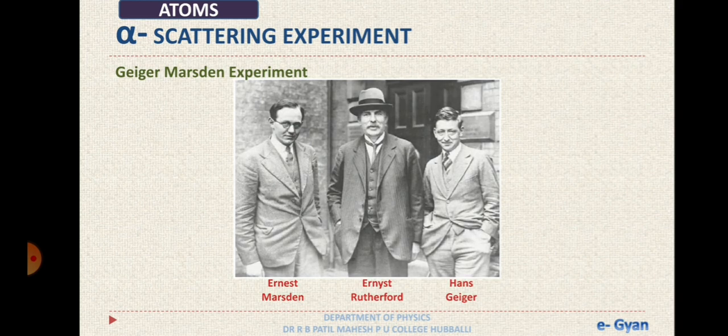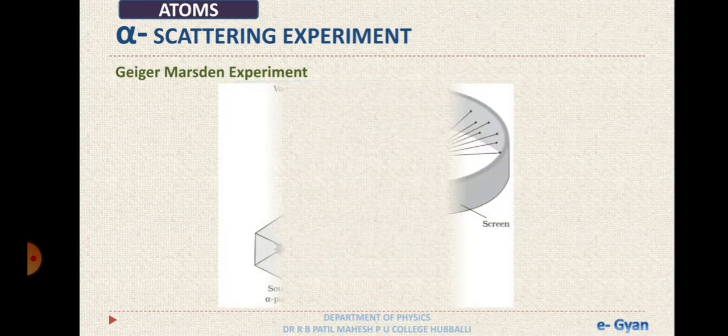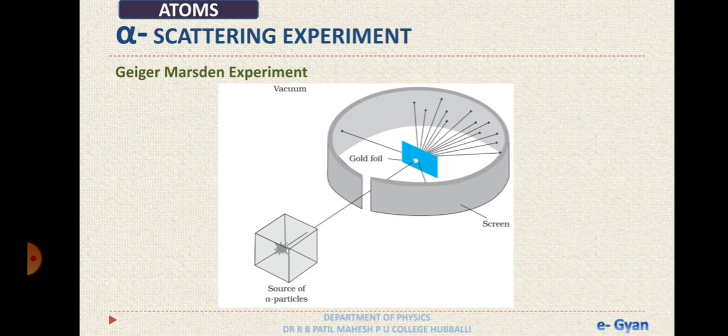Now, what does this experimental setup consist of? It consists of a source of alpha particles which were made to pass through a gold foil. The gold foil scattered the alpha particles in all directions.